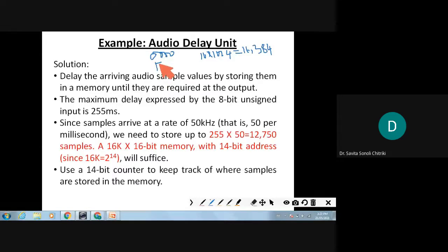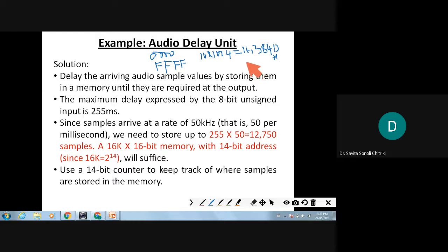How many F's did you get? 4 F's. So how do you do that? 16,384 is in decimal; what will it be in hexadecimal?